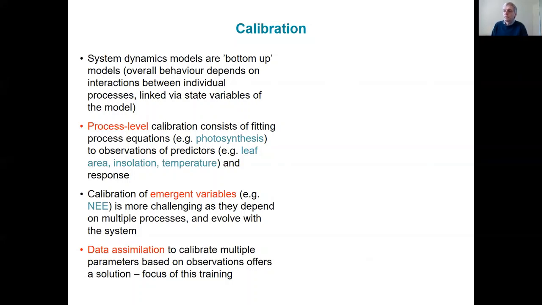For example, in a laboratory experiment, an example of that would be photosynthesis, probably the best described single physiological process in modern models of terrestrial ecosystems. And we can measure photosynthesis, so we can measure the gas exchange of a leaf and relate that to controlled conditions in terms of what we know are the drivers of photosynthesis, like leaf area, insolation, temperature, humidity, and so on.